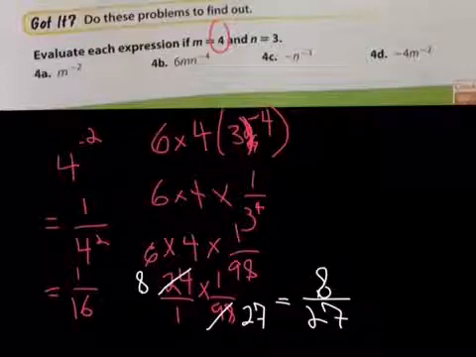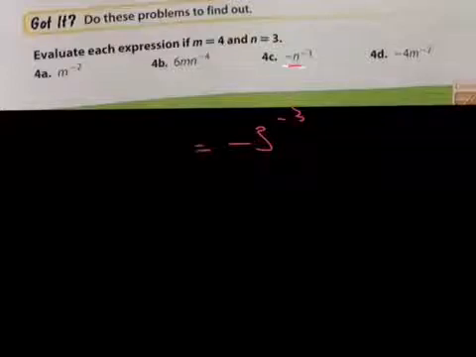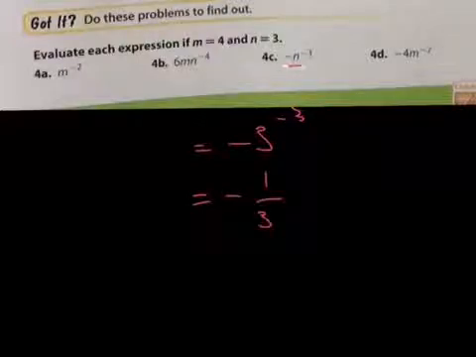Okay, let's try 4C. So we replace the n with the 3, right there. So it becomes automatically negative 3 because it's negative n to the exponent of negative 3. And now we have negative 1 over 3 to the power of 3.